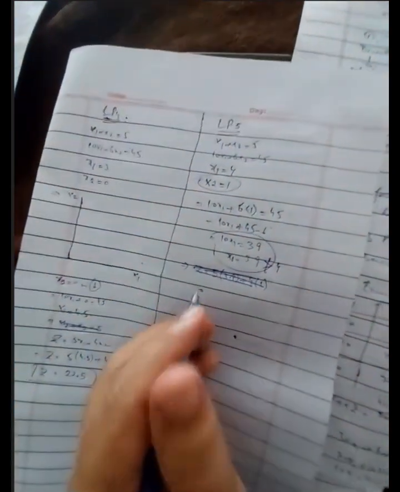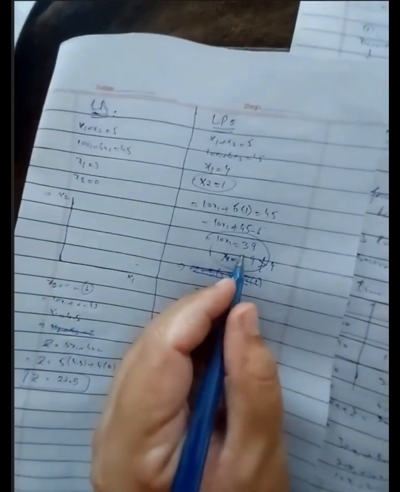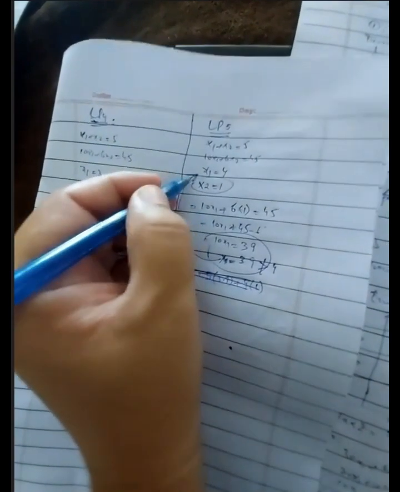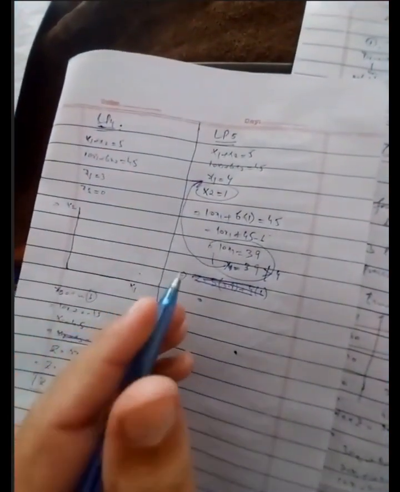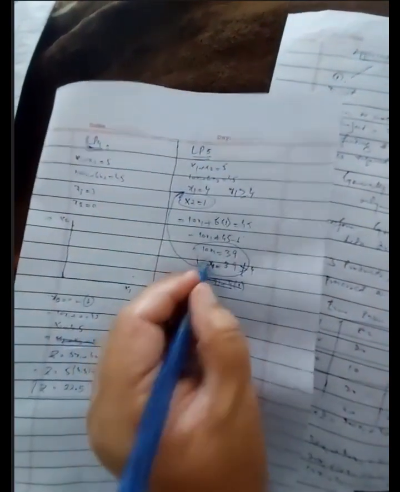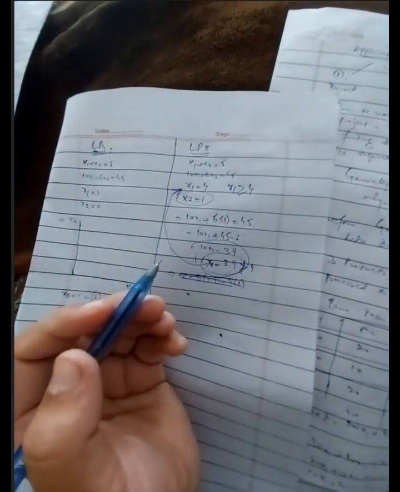It is directly not satisfying constraint 3 because constraint 3 is x1 is greater than or equal to 4, and here x1 is 3.9.